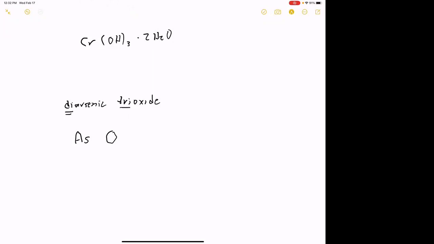We've got a di and a tri. If I have a di there, how many arsenics do I need in the formula? 2. 2, very good. And if I have a tri in front of the oxygen, how many oxides do I need to have? 3. 3. So As2O3 would be your formula.